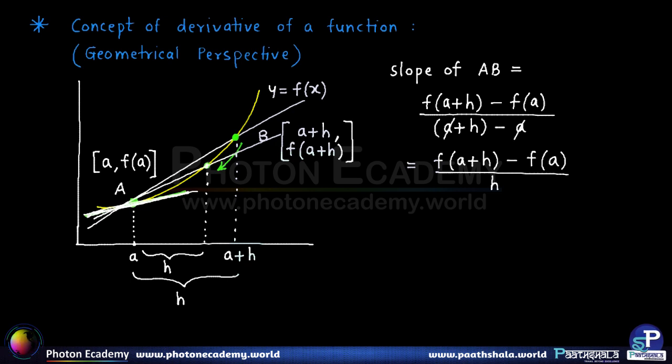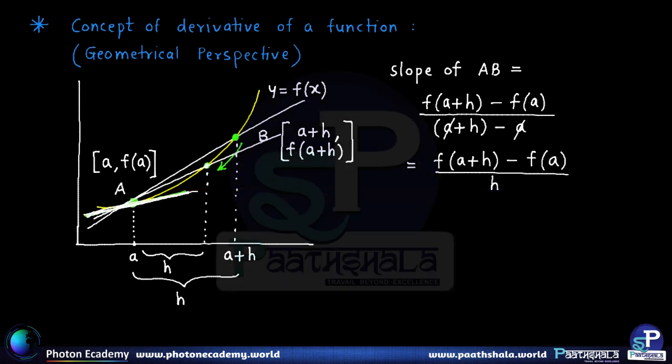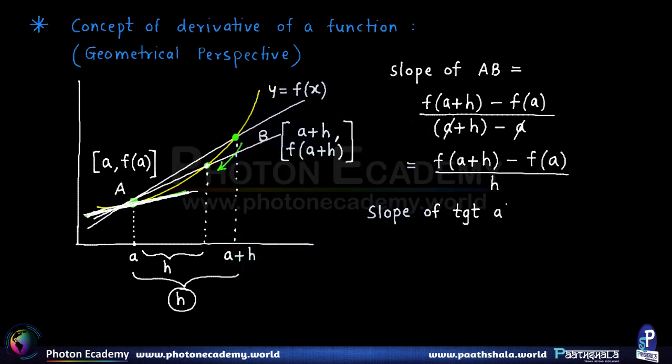So therefore the slope of the tangent is nothing but the limit of the slope of the secant as the quantity h reduces and approaches 0. So therefore we can say that the slope of the tangent at A is nothing but the limiting value of the slope of the secant.